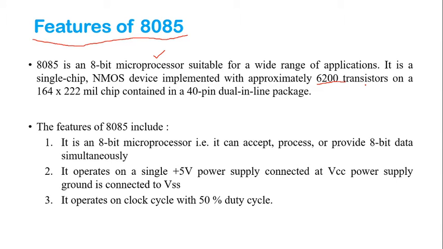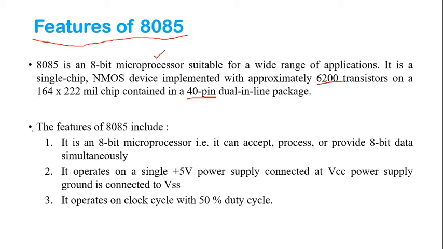So a microprocessor or microcontroller is going to work on the base of transistor logic. And in the 8085 microprocessor we have 6200 transistors connected in a 164 by 222 mil chip containing 40 pins. Now we are going to use all these 40 pins in different order, or we can say we can group them in different order to perform different functions.